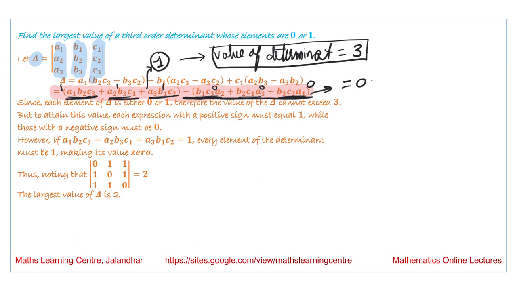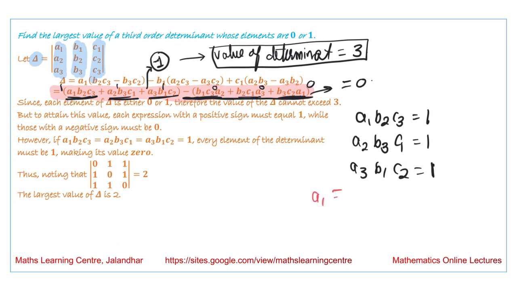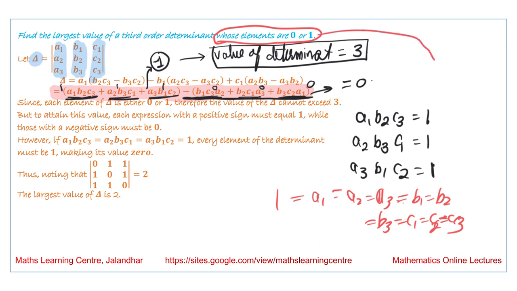But if we talk about a1, b2, c3 being equal to 1, a2, b3, c1 equal to 1, and a3, b1, c2 equal to 1, then clearly we can see from this that a1, a2, a3, b1, b2, b3, c1, c2 and c3, all these values should be equal to 1, because the elements of this determinant can be only 0 and 1.